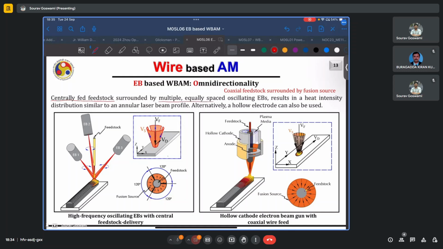So, multiple equally spaced oscillating electron beams. Why oscillating? Because typically your beam will be very fine. Okay, maybe red was not the best choice of color.